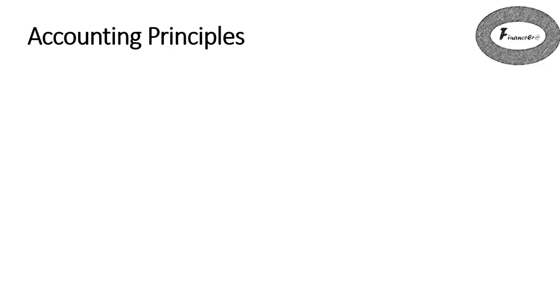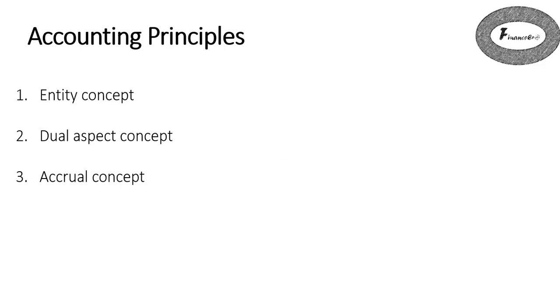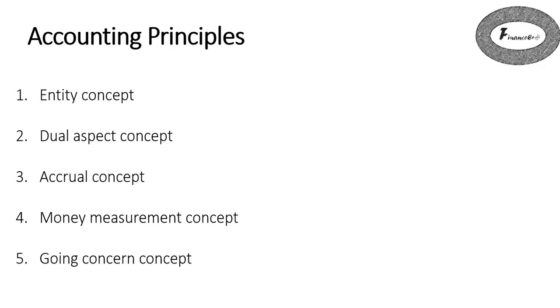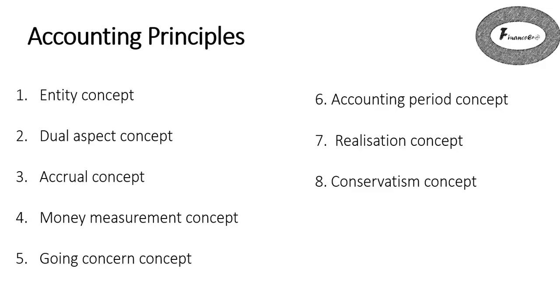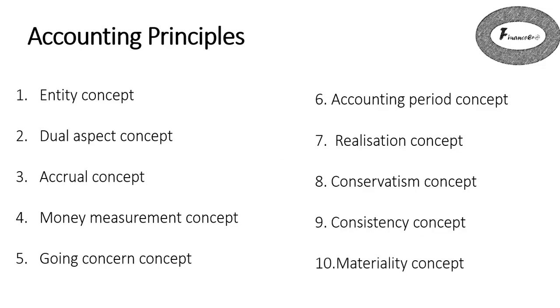Now let us discuss one of the most important aspects of accounting, which is the accounting principles. Some of the accounting principles are the entity concept, the dual aspect concept, the accrual concept, the money measurement concept, the going concern concept, the accounting period concept, realization concept, conservatism concept, consistency concept, and lastly the materiality concept.